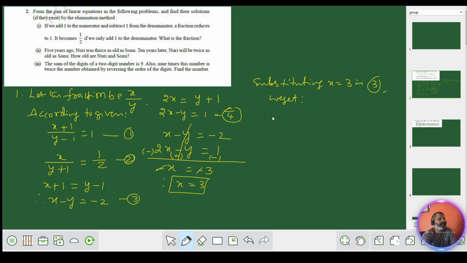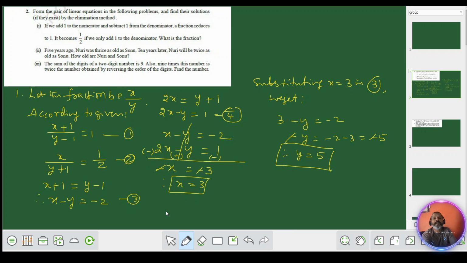So what do you get? The third equation is x minus y equal to minus 2, right? So x is 3, 3 minus y equal to minus 2, minus y equal to minus 2 minus 3, that becomes minus 5. Therefore, minus minus get cancelled, y equal to 5. Clear? These are the x and y values.